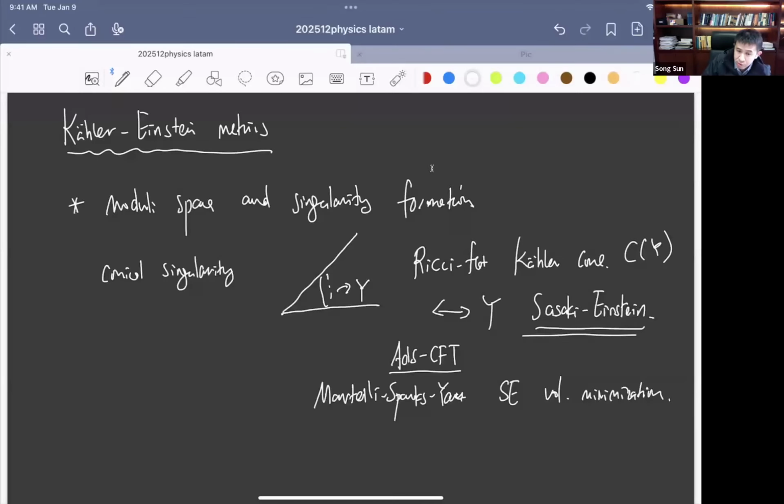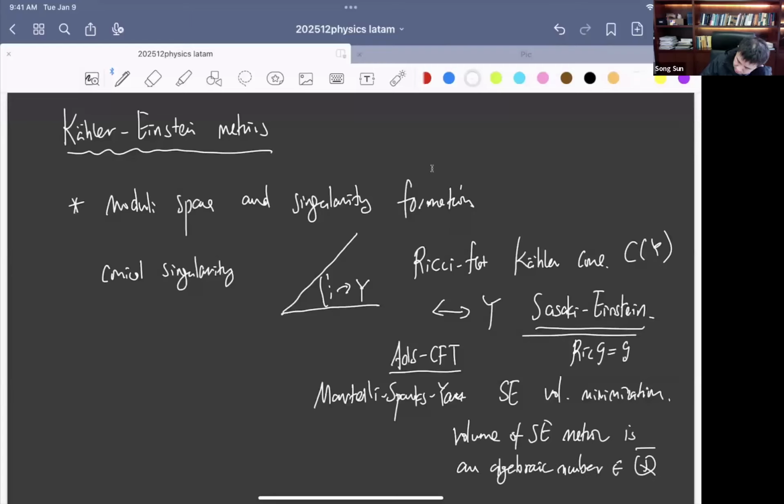But mathematically, this has a consequence that the volume of the Sasaki-Einstein metric, normalized so that Ricci equals g, is an algebraic number, in Q bar. So it's known that the volume is not always a rational number, but it's always an algebraic number. This is very interesting, and it also has a lot of important applications in the study of singularities.